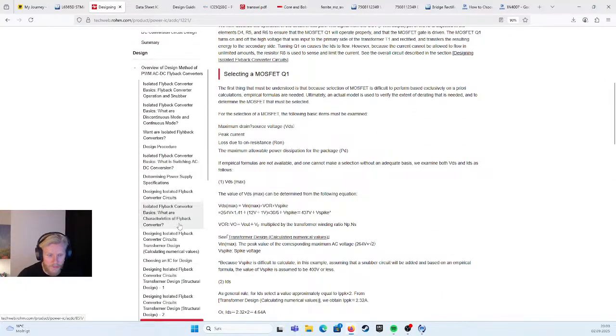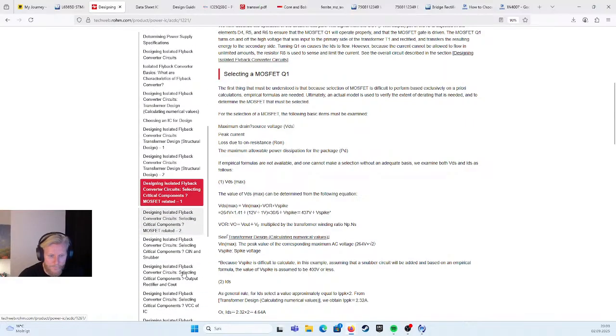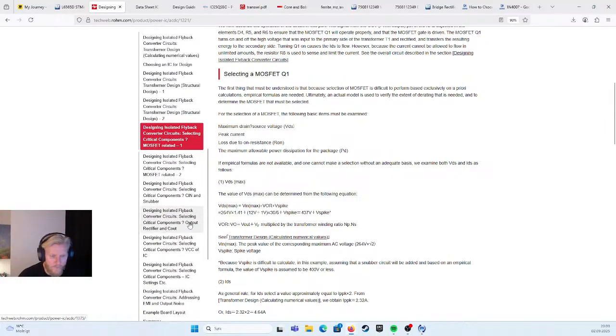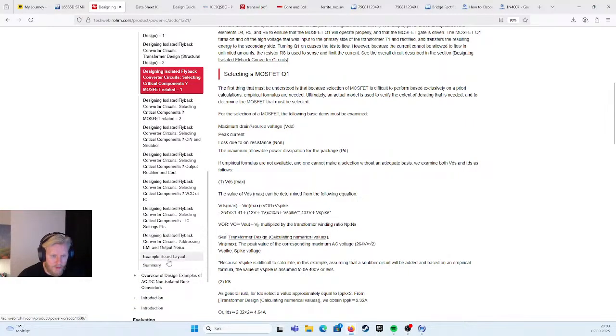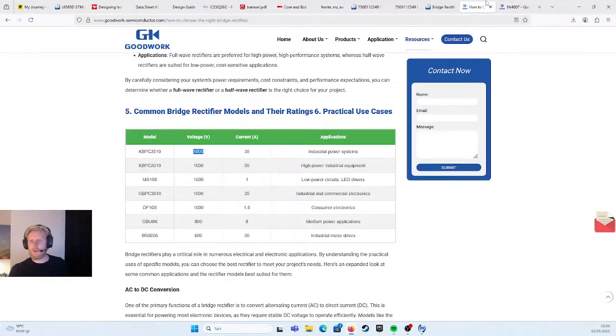Output rectifier. Nothing about input rectifier here, maybe. But yeah.